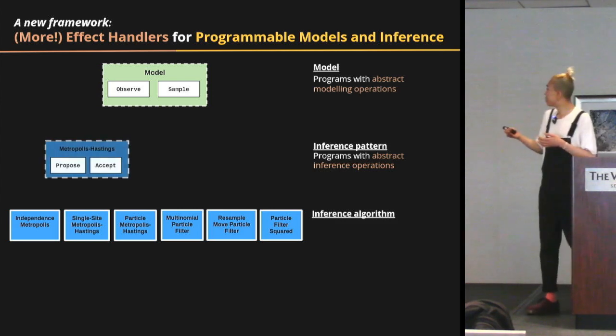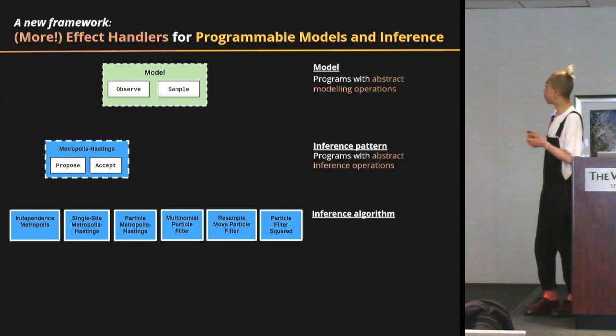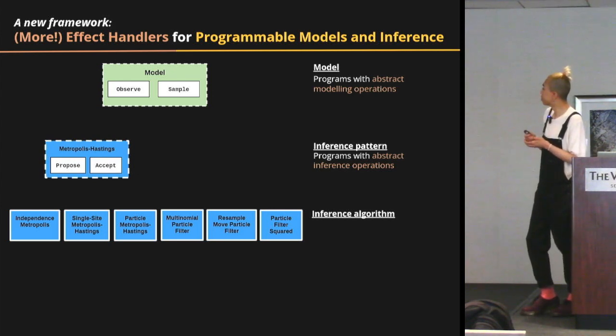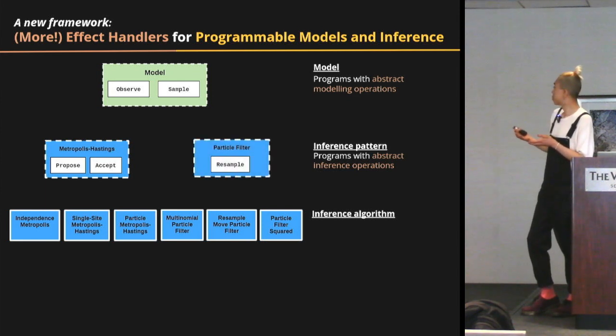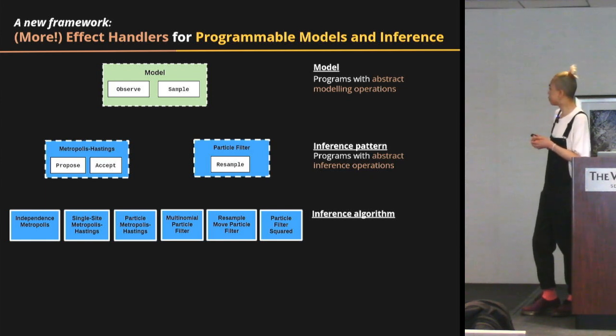So for instance, one pattern of inference is Metropolis-Hastings, whose key operations are proposing new samples and deciding whether to accept these proposals. Another family of algorithms are particle filters, whose key operation is resampling.